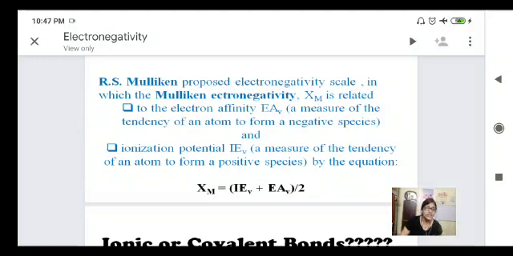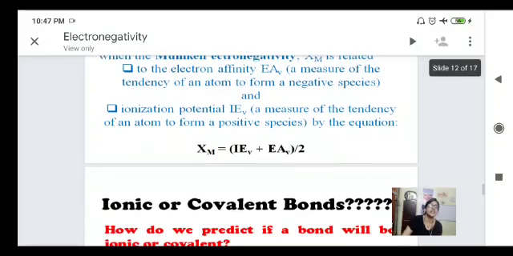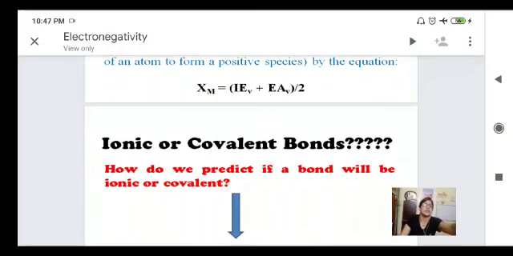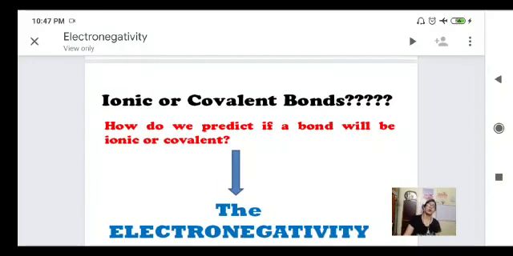That is, the average of ionization energy and electron affinity. So, the Mulliken scale gives the average value of the ionization energy and electron affinity. Now, how to understand whether a bond will be an ionic bond or a covalent bond?